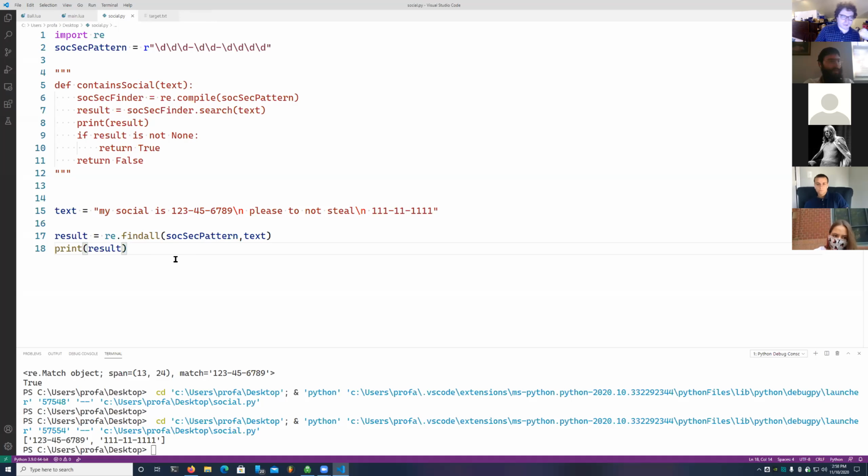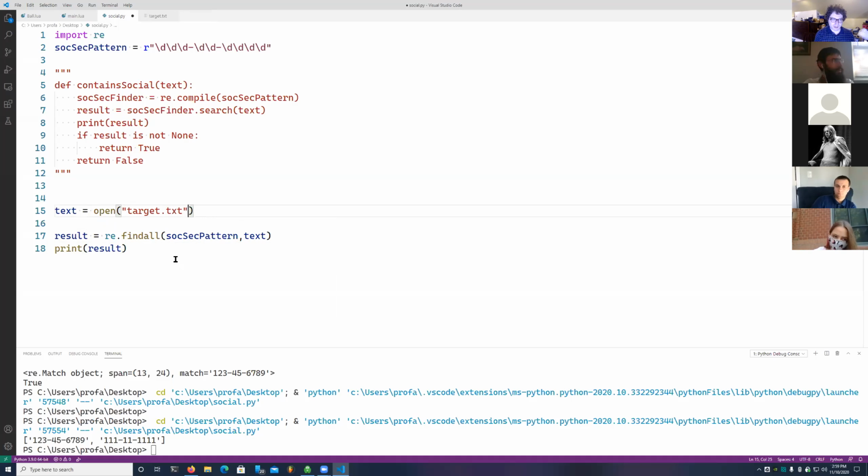So let's first read that file, which is fairly straightforward to do. How do we read a file? We can do open, and the file name was target.txt.